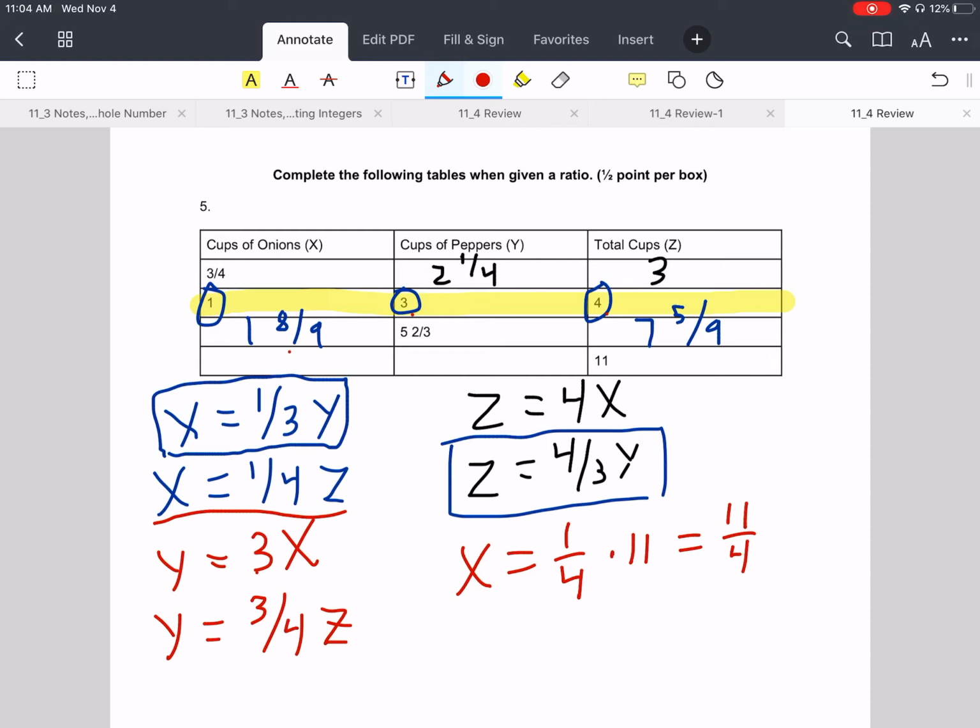So that can simplify to 2 3/4. And we can see that y equals 3/4 of z, which is 11, which would be 33/4. So that would be 8 1/4.